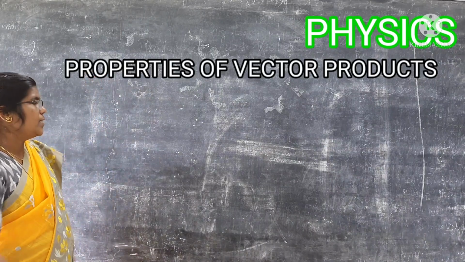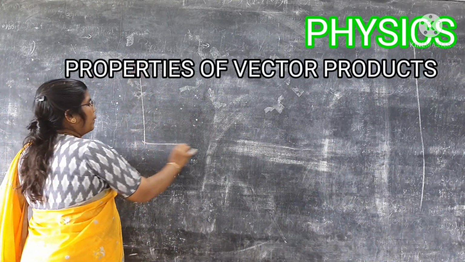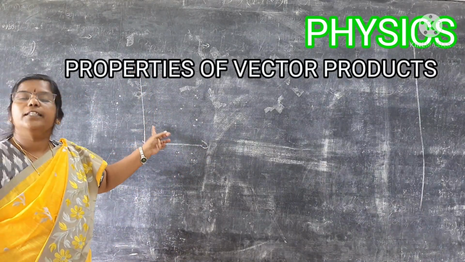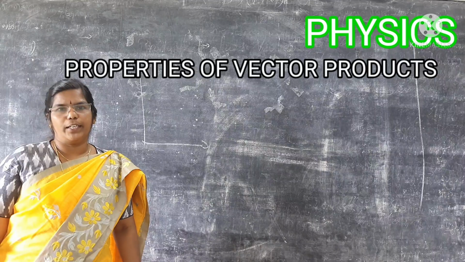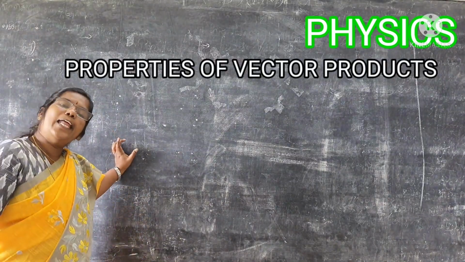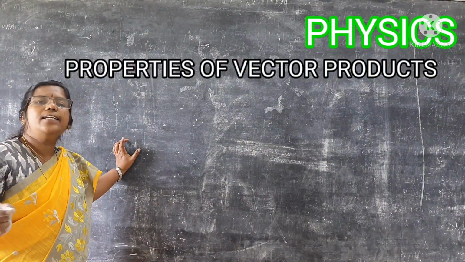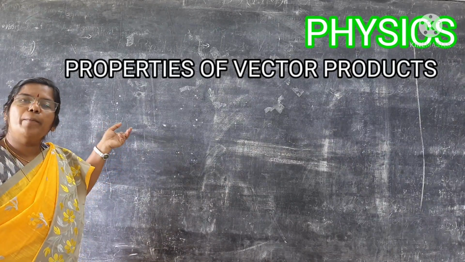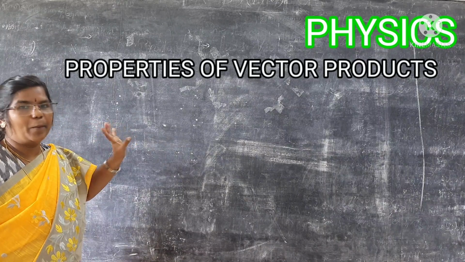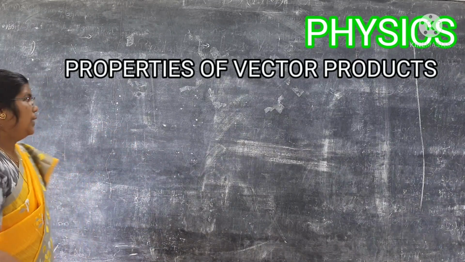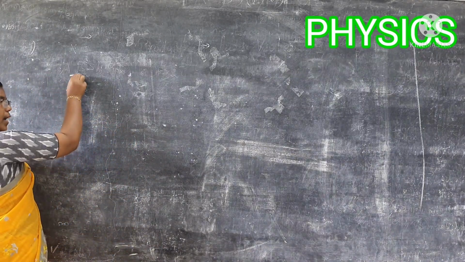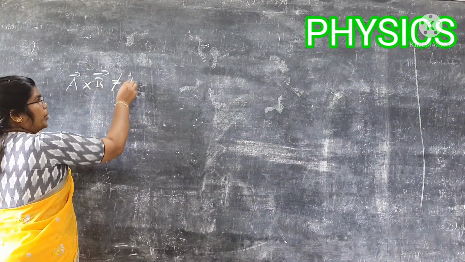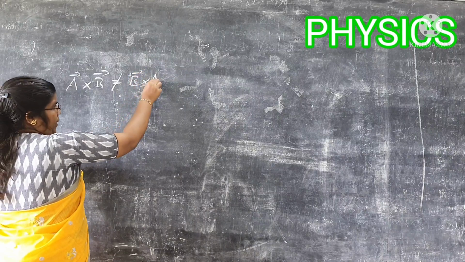The resultant vector will be perpendicular to the two vectors. In scalar product, we studied that the scalar product is commutative. It obeys commutative law, but vector product is not commutative. That is, A vector cross B vector is not equal to B vector cross A vector.